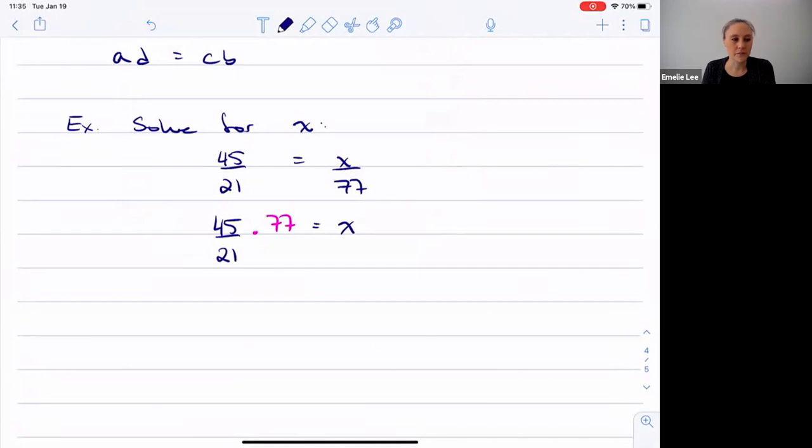Now I've solved this, but I want to clean this up a little bit. I can do 45 over 21 on my calculator and then times it by 77. Or if I want to play it safe, remember that 77 you can rewrite as a fraction, 77 over 1.